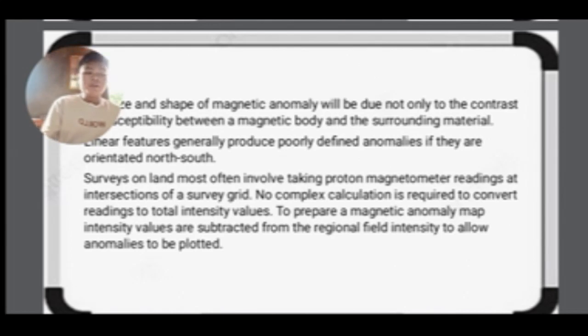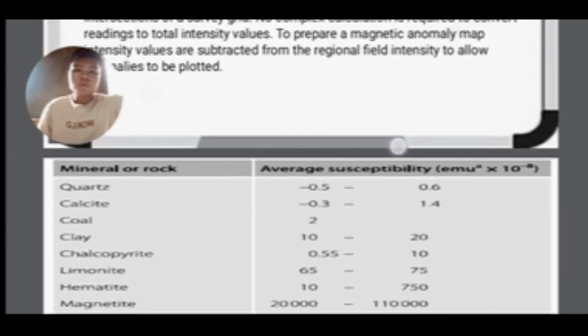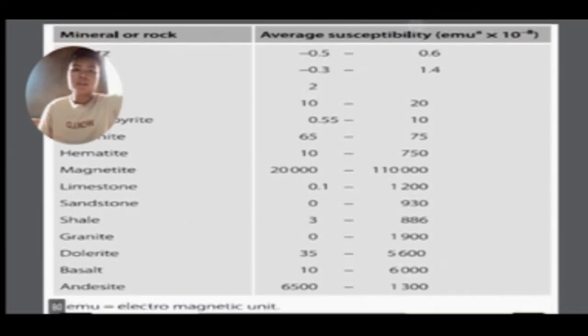The greatest part of the work lies in setting out the survey grid. The value of the Earth's field varies diurnally, and this should be measured by returning to one station at regular intervals during the day's work.